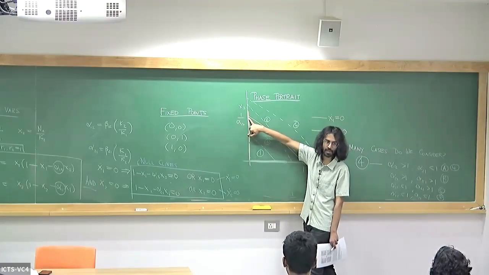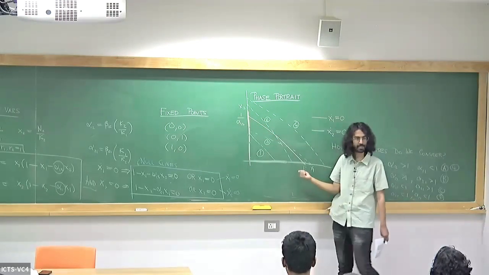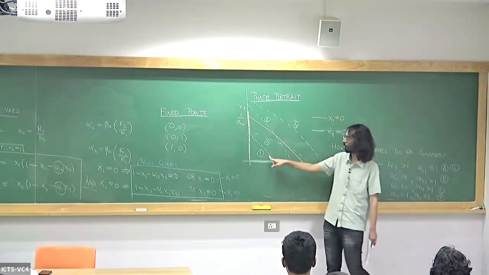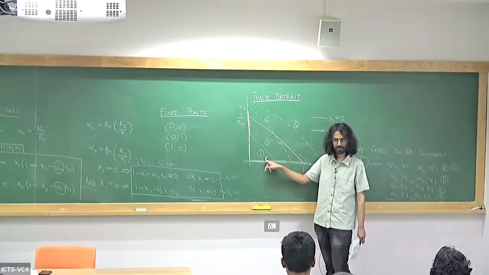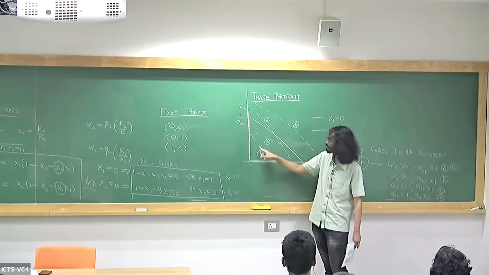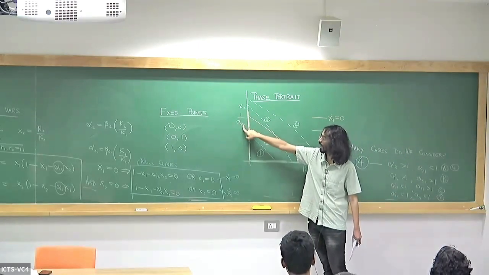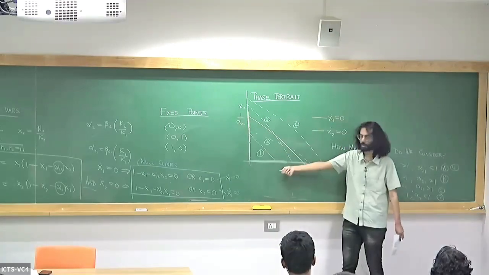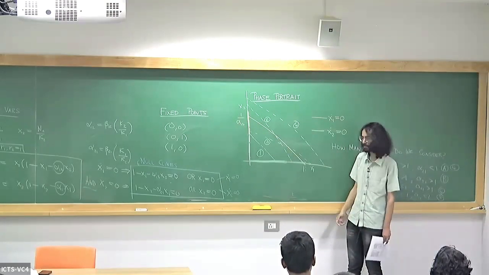This is larger than 1. So 1 over alpha 1, 2 is less than 1. Same thing here. So this means both of the alphas are smaller than 1. One of them is greater. Okay, good. Yes. This one, alpha 1, 2 is smaller than 1. This one is greater than 1. And so on and so forth.